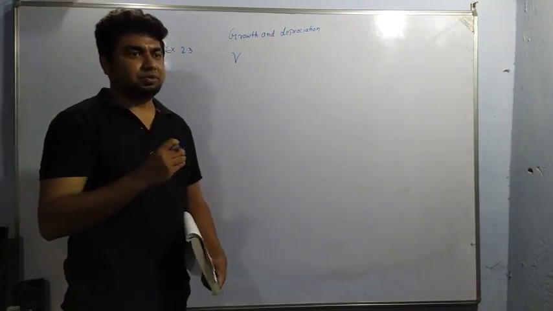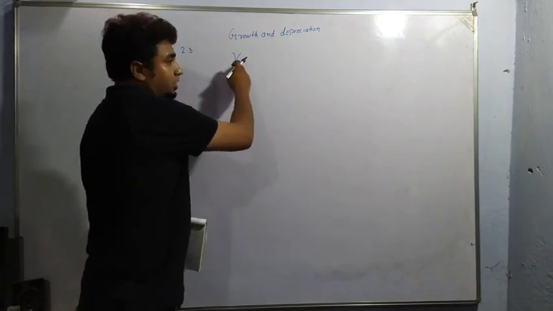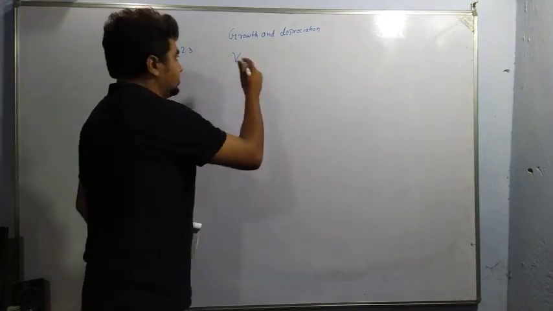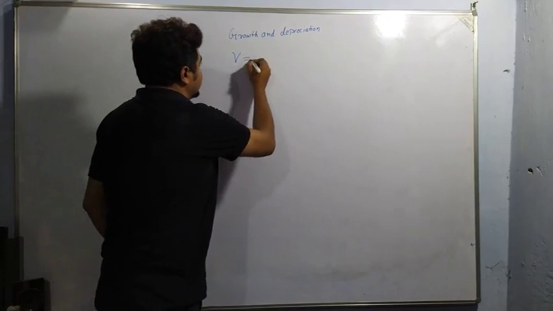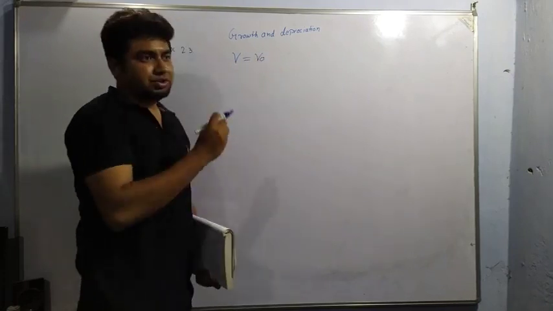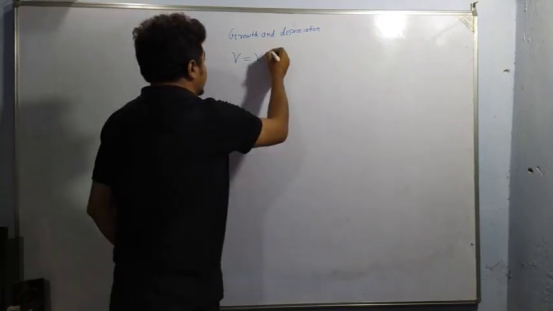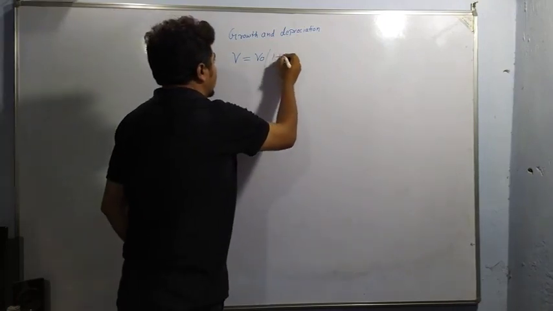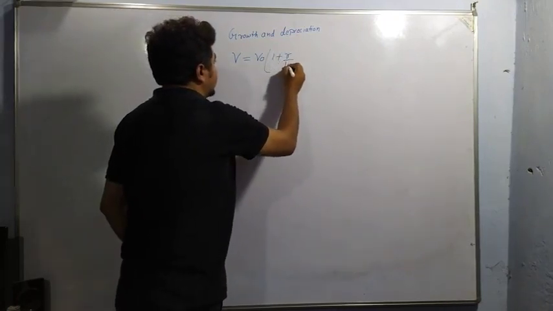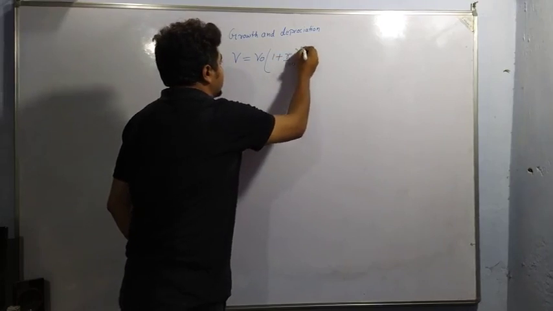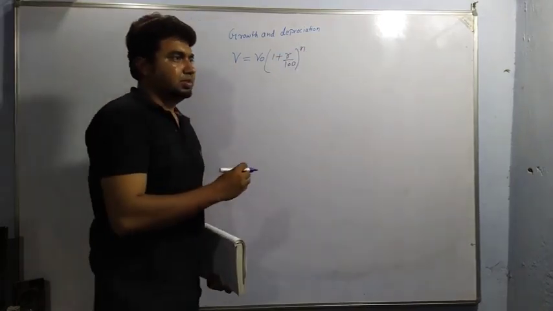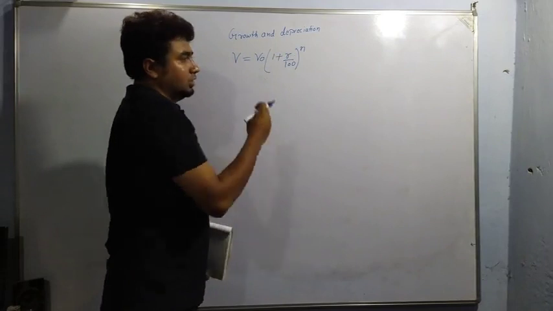In that formula, V is compared to the amount after some time, and V naught is the price at which you are buying, the initial price. V is equal to V naught times 1 plus R by 100, raised to n, where n is the number of years for which you want to see the growth.